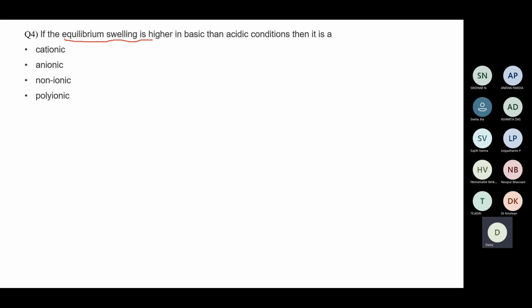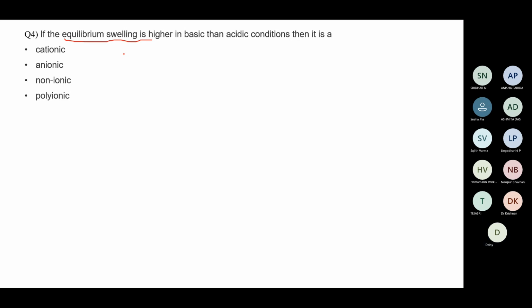So is it related to any solvent penetrating inside the polymer? Yeah. Anyone else? What is swelling in the polymer? What is the meaning of swelling in polymer?